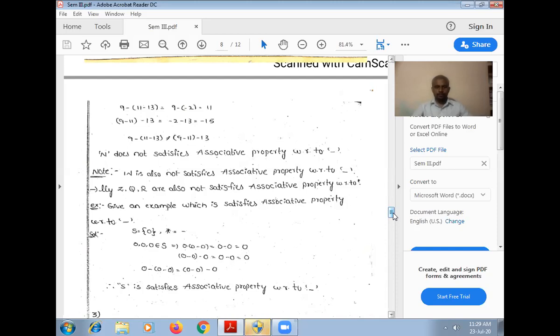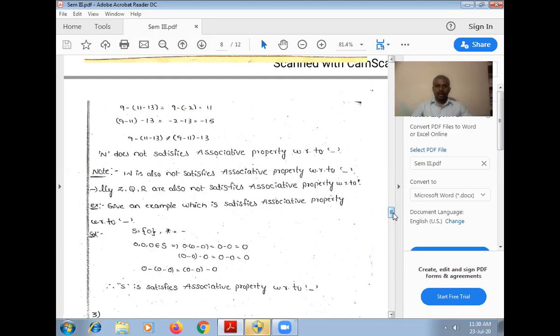But here the LHS value and RHS value are not equal. Both are different values. So that's why I am telling you N does not satisfy the associative property with respect to minus, because it does not satisfy a star of (b star c) equals (a star b) star c, where star equals minus.